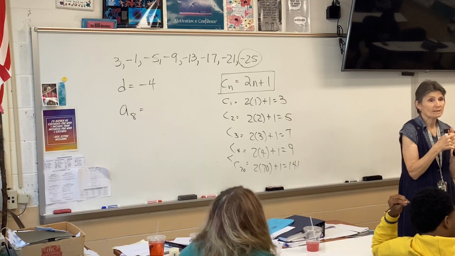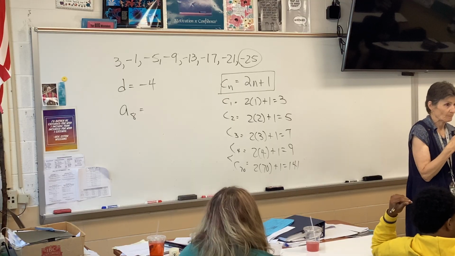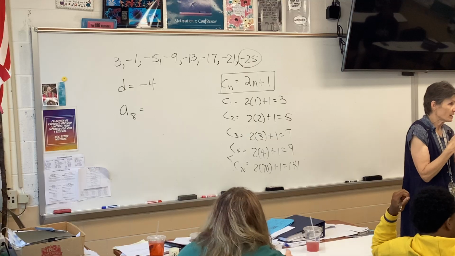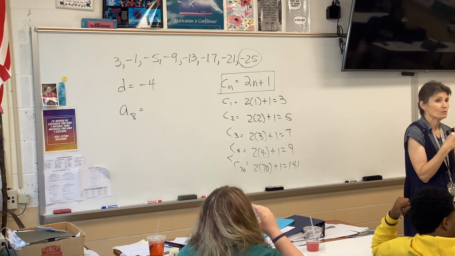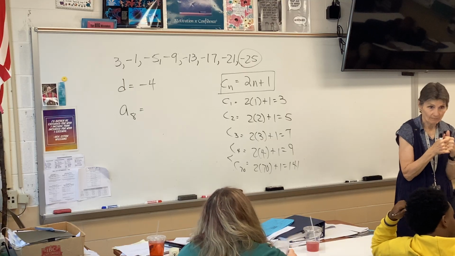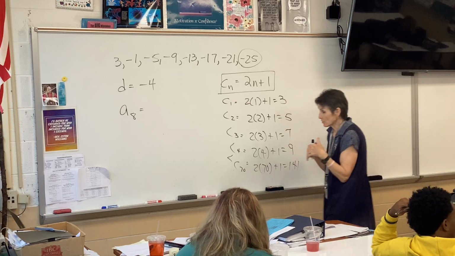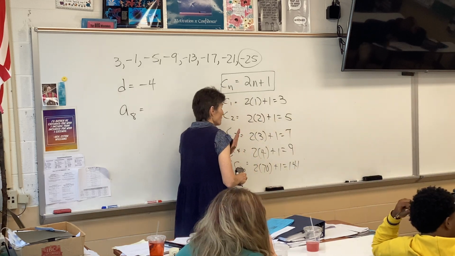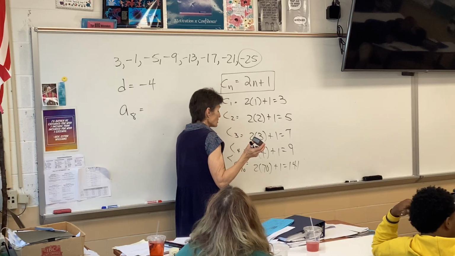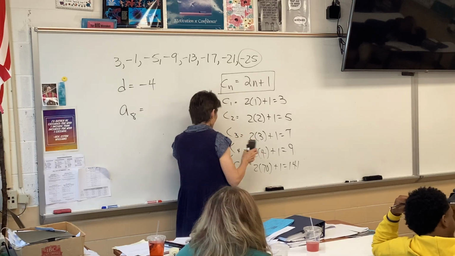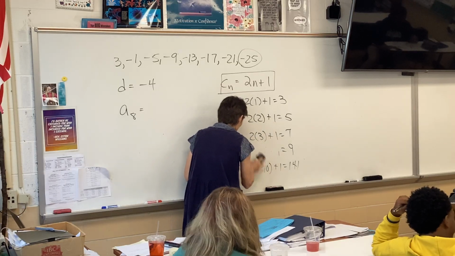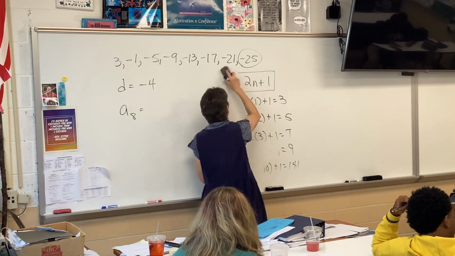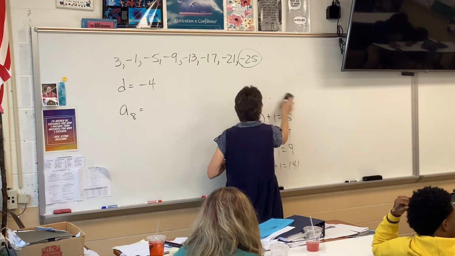But what if we wanted the 800th term? I don't think you'd want to do it that way, right? That's what we use a formula for. So remember, for your own use, you are building your own formula sheet. So I don't know where you're going to start writing these, but figure out a place where you're going to write them so that you can find them when we talk about them in class.